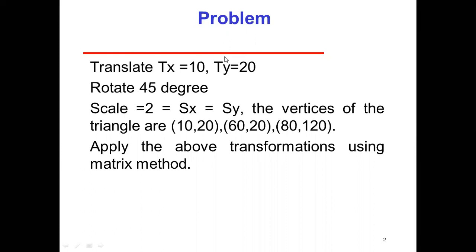Then we will replace the values of Tx and Ty there, and calculate for vertex A, then vertex B, then vertex C. In this way we can calculate the new coordinates X dash and Y dash for the three vertices.